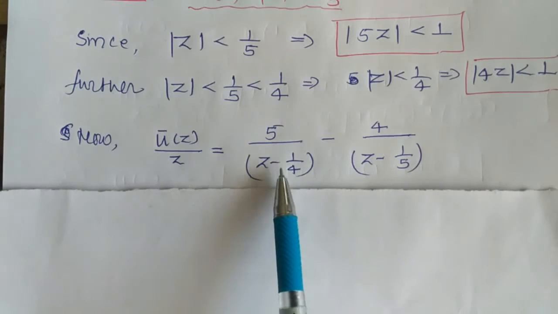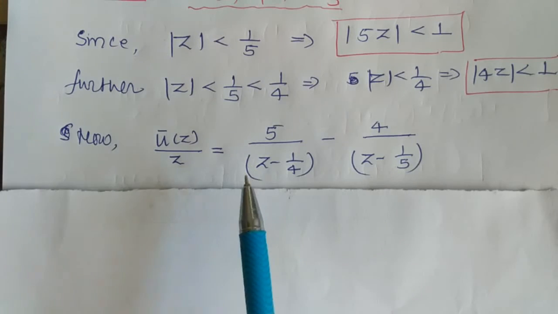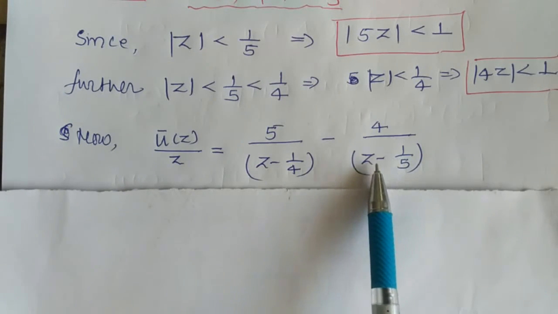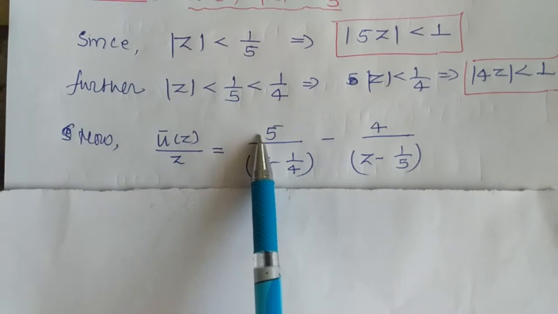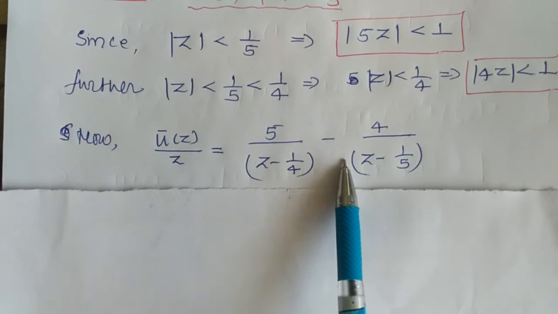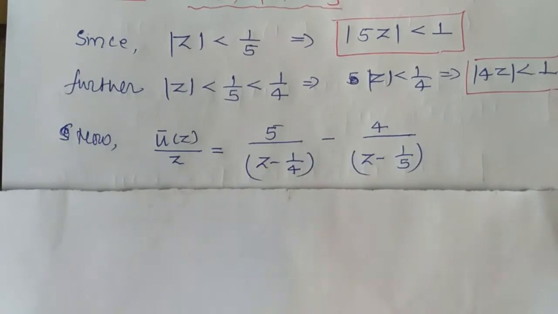So here we take minus 1 by 4 common, then we have 1 minus 4z, and here we take minus 1 by 5 common, then we have 1 minus 5z. Minus 1 by 4 goes in the numerator, then we get negative 20 here, and here we take minus 1 by 5 common, then 5 goes in the numerator, negative negative positive, and 5 into 4 is 20.